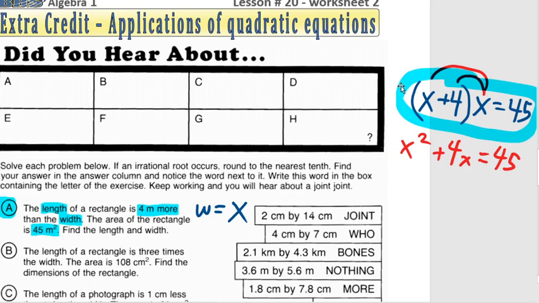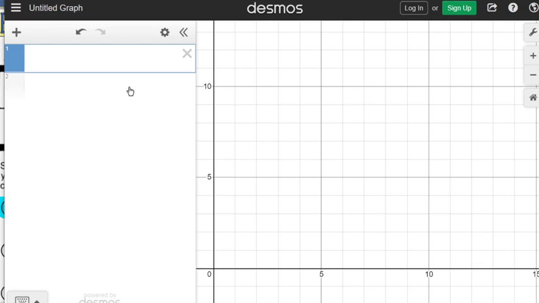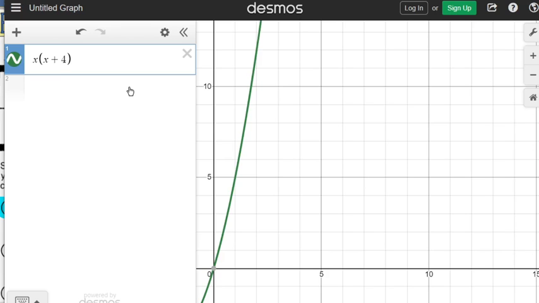Doesn't really matter, but it looks a little bit more familiar from what we're used to looking at. So let me go back over to Desmos, and we're going to put an x, and then we're going to put in parentheses x plus 4, close parentheses, and we know when we multiply width times length, in this case, we get 45.